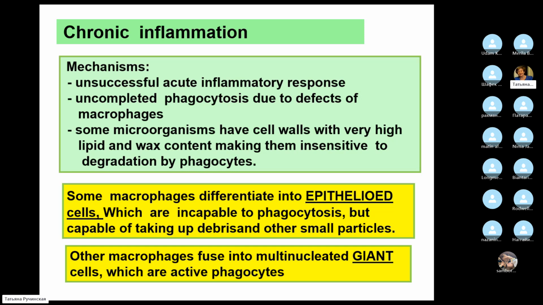and this forms a specific type of chronic inflammation, a granuloma. You have the case of a patient with granuloma, with tuberculosis. In this case, some macrophages differentiate into epithelioid cells.